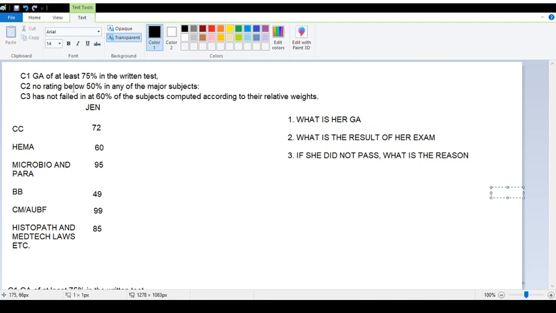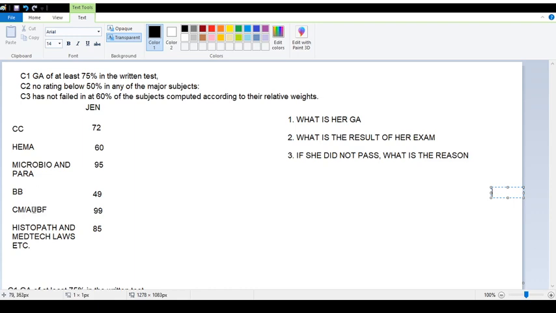Criteria number one, that is a general average of at least 75% in the written test. That is computed based on the percentage allocation for each subject, wherein 20% for clinical chemistry, 20% for hematology, 20% for microbiology and parasitology, 20% also for blood banking.